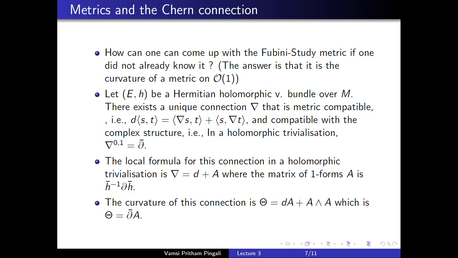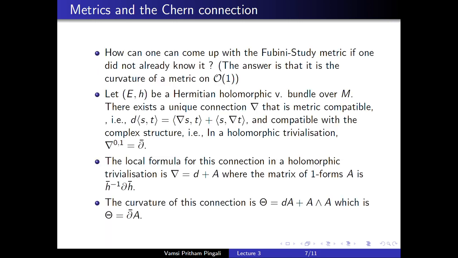Now theta is a collection of locally defined matrices of forms, right? And in the case of a line bundle, it's just locally a 2 form. But it turns out that all these local 2 forms agree with one another on the overlaps, and it becomes a global 2 form for a line bundle. Okay.